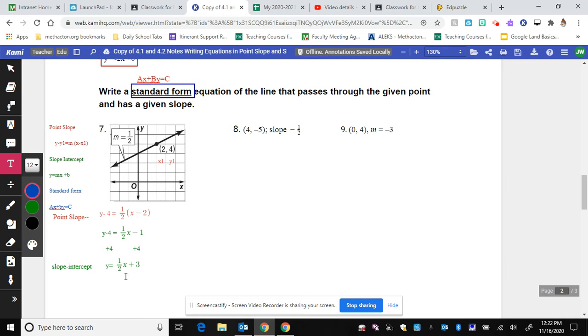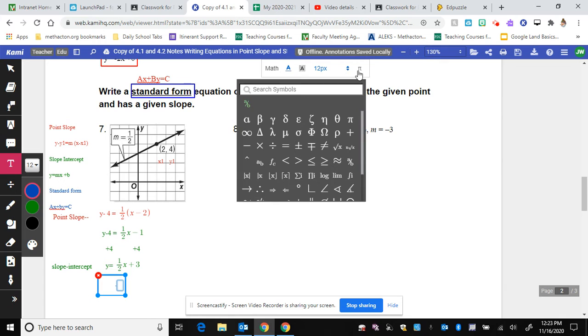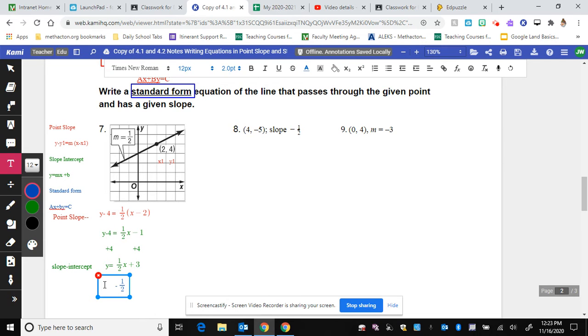I need to move this x, 1/2 x, to the other side. So to do that, I'm going to subtract my 1/2 x from both sides.